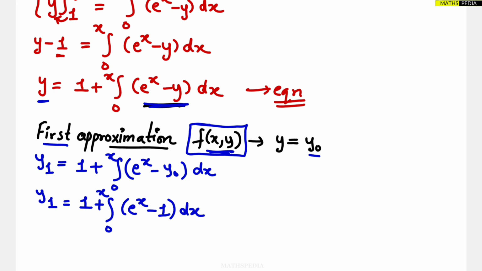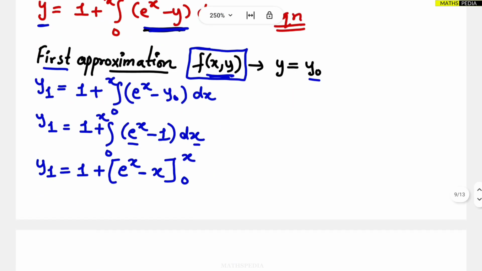Now we are going to integrate and get the answer. What is the integration of e power x? As we know, the integration of e power x is e power x itself. Minus 1 integration with respect to x is x. Now we have to substitute upper limit minus lower limit. What will be upper limit minus lower limit? Let us now find out.